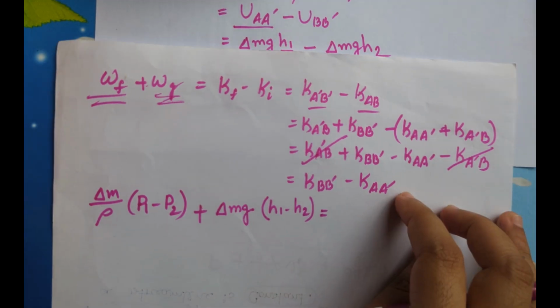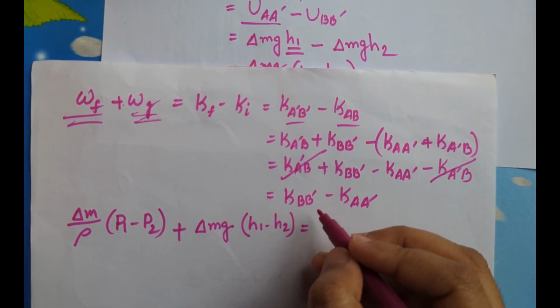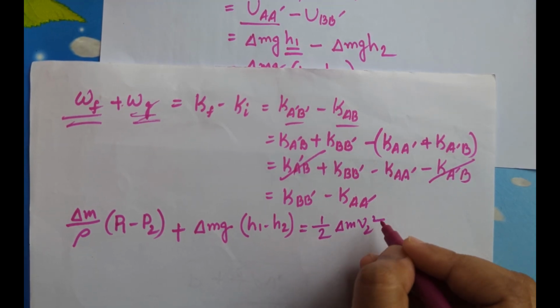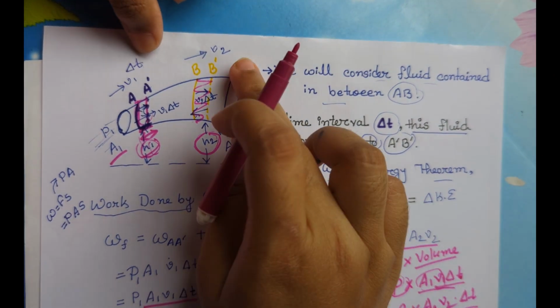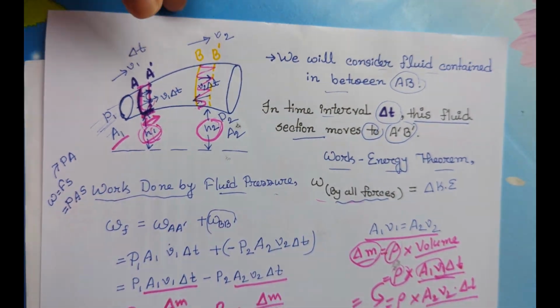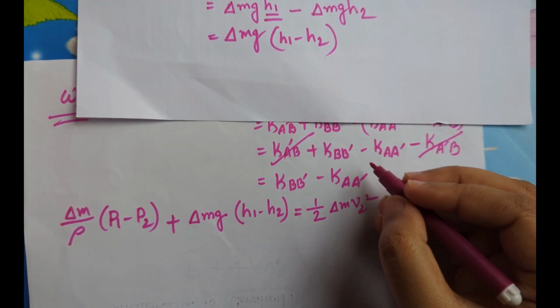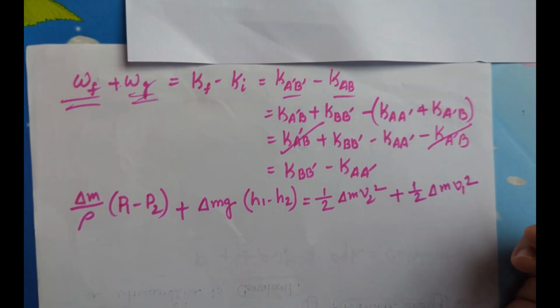On the right side we have the kinetic energy, which is half del m v2 square. Here, for B and B prime the velocity is v2, and for A and A prime the velocity is v1. So the kinetic energy at A and A prime is half del m v1 square.